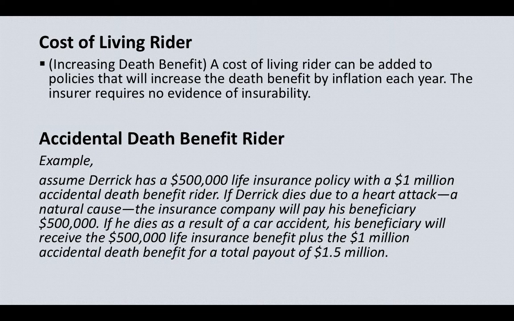If he dies as a result of a car accident, his beneficiary will receive the $500,000 life insurance benefit plus the $1 million accidental death benefit, for a total payout of $1.5 million. Anyway, that's the accidental death benefit rider.